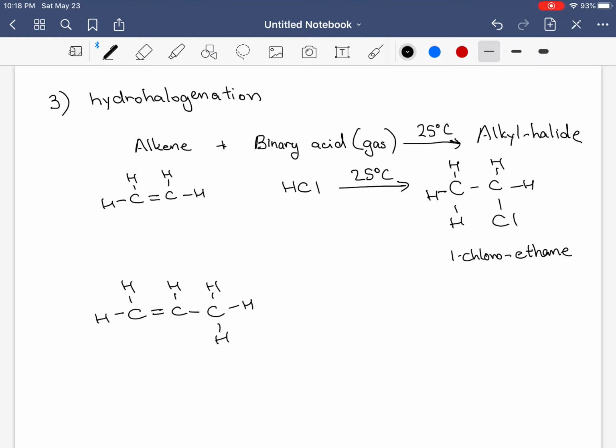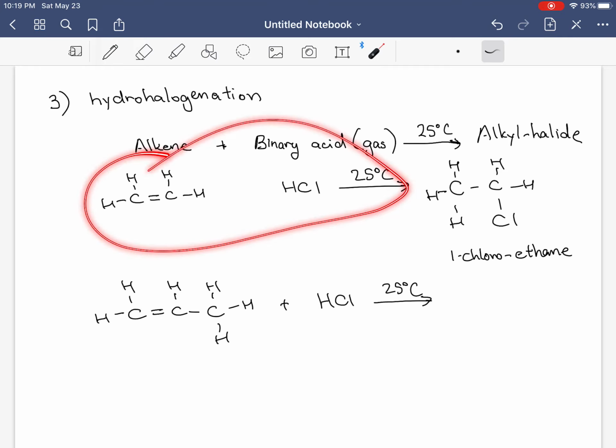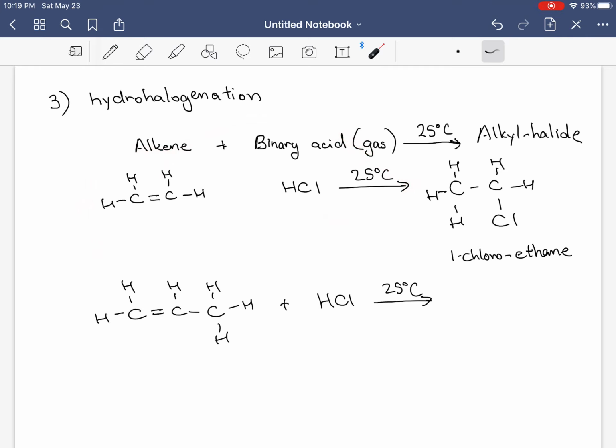How about this one? 1-propene reacted with HCl at 25 degrees Celsius. What will this one be? Now, why did I say this one is more concerning than the last one? The last one seems simple. This one, not so.